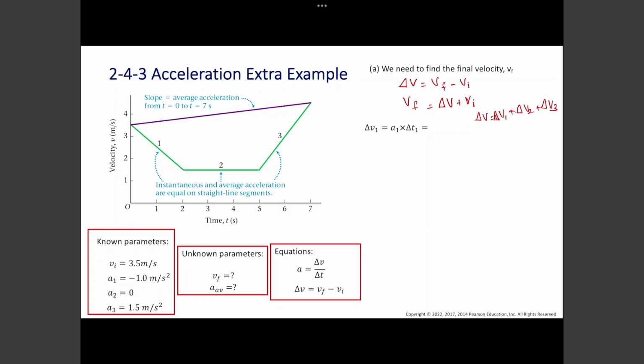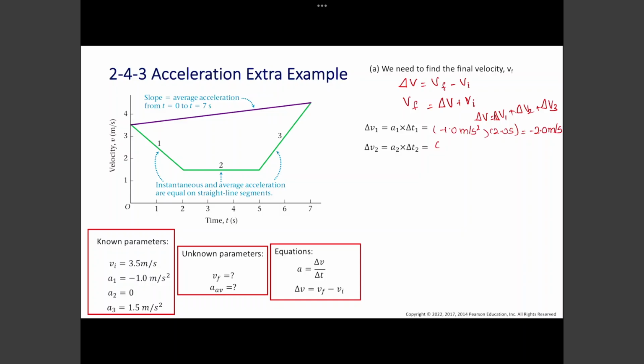For the first segment, acceleration is -1 and delta t is 2 seconds. So this is -1 meters per second squared times 2.0 seconds, and it gives -2.0 meters per second.